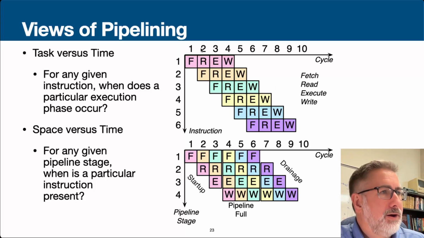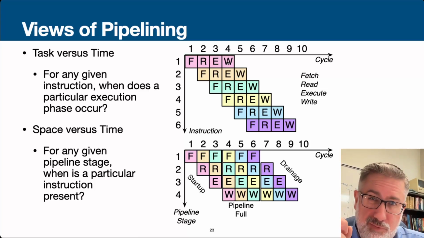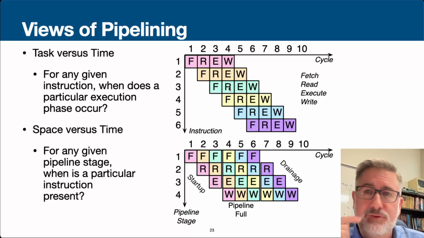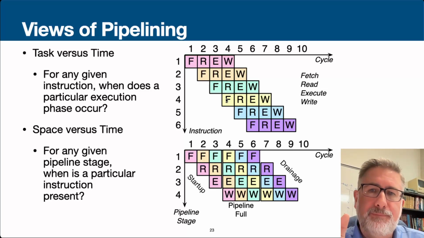And then across the top here, we look at what clock cycle we're in. So in clock cycle 4, for example, we're finishing up instruction 1. We're executing instruction 2, we're reading the register file for instruction 3, and we are fetching instruction 4. So those are the 4 things we're doing at clock cycle 4 in this format.